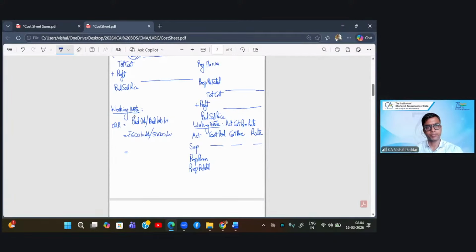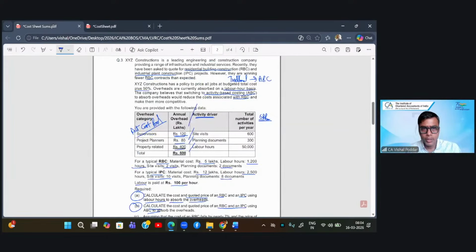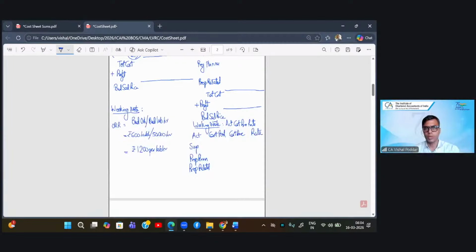So this is 600 lakhs and this is 50,000 hours. Correct. So is it 200 per hour? Please cross check the ORR here. No. 120, 80, 400.